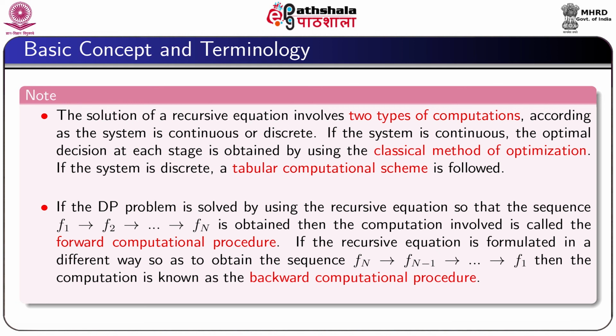And if the recursive equation is formulated in a different way so as to obtain the sequence fn, fn minus 1 up to f1, then the computation is known as backward computational procedure.